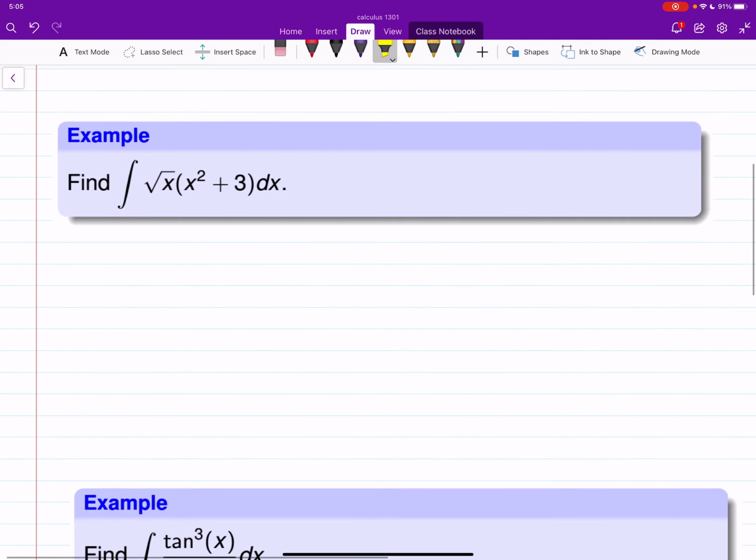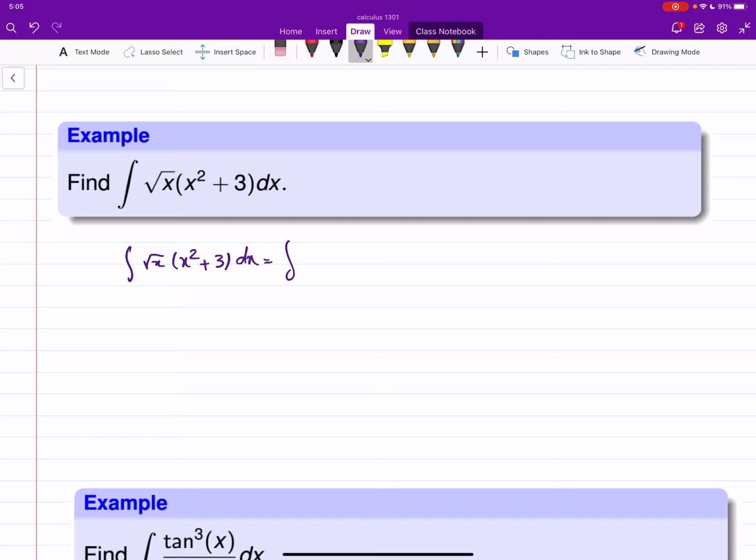The second one is even easier. You start like that, and you may say that I may need to do a trig substitution because I have something like x squared plus 3. But before you go in that direction, it's really necessary to think about simplification.